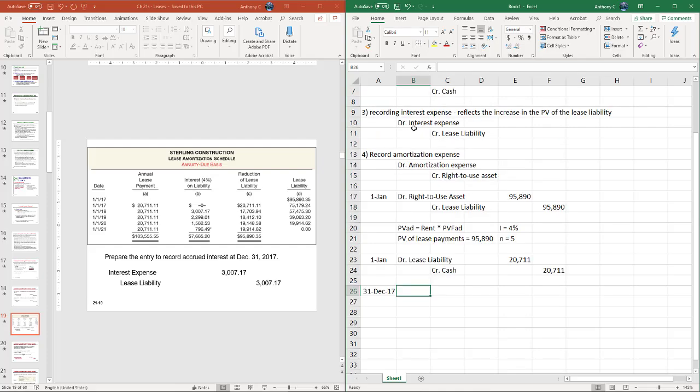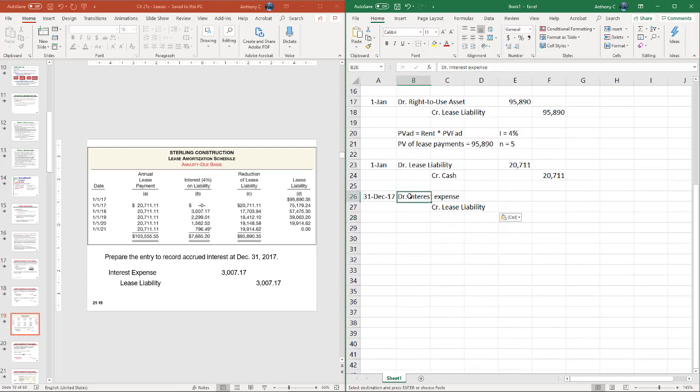we're going to record our interest expense. So we'll debit interest expense and we'll credit lease liability. Again, this interest expense just reflects the increase in the present value of the lease liability after 1 year. So to determine our interest expense, we'll take our beginning value of the lease liability at the beginning of the year, the $75,179. So our beginning balance in the lease liability, we'll multiply it by our interest rate.